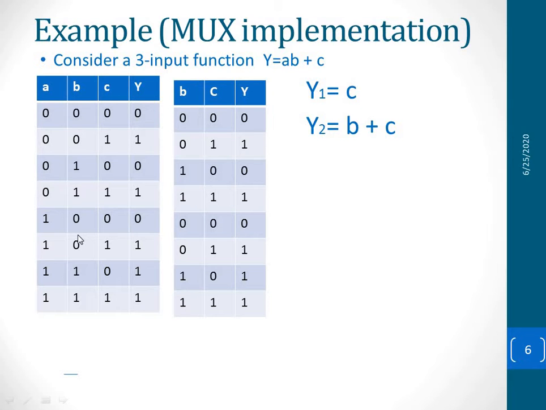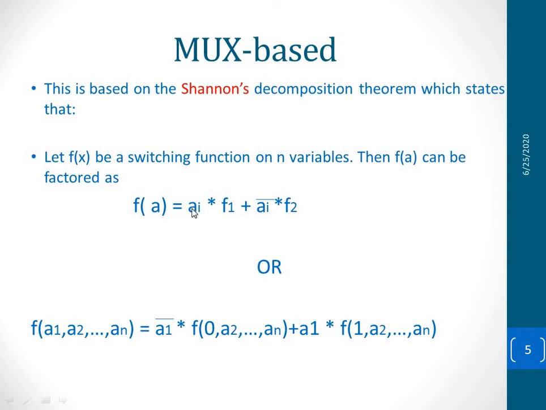Are you able to get with me? In the previous slide, I showed that the first variable is complemented, and in that variable we replace it with 0, and in the second one we add the uncomplemented form, and in that variable we replace it with 1. Similarly it is done here. I hope you have got what I have explained.